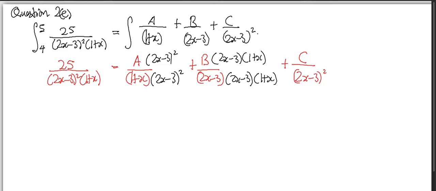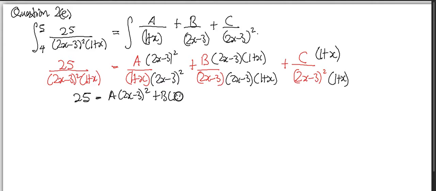What's missing here is 1 plus x, which I have to multiply here. Looking at the denominators, they all look exactly the same. So now I can rewrite this with only the numerator: A(2x minus 3) squared, plus B(2x minus 3)(1 plus x), plus C(1 plus x).